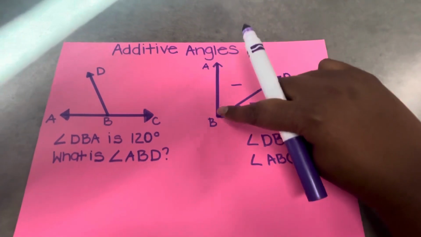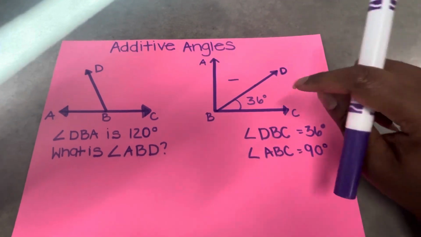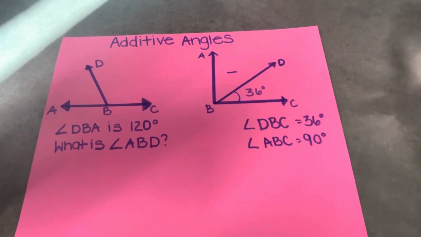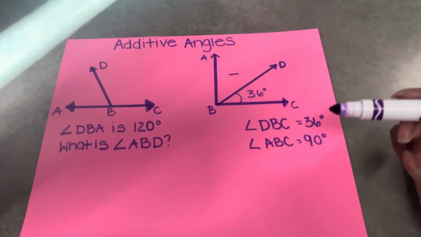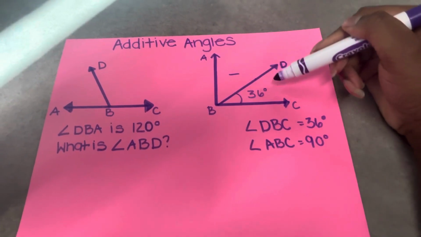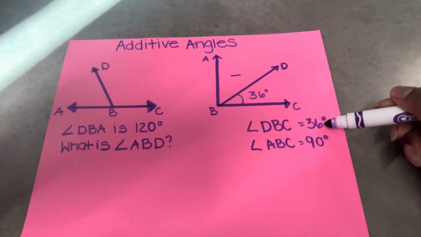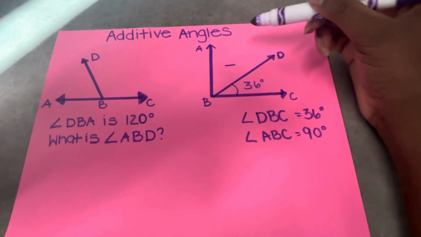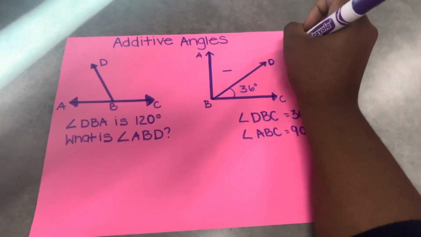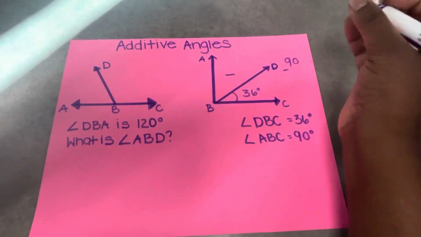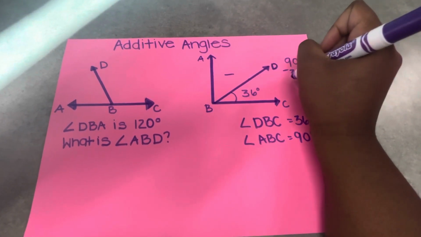So angle ABD is a part of angle ABC. Also a part of ABC is DBC. So I can take this whole amount, these two angles combined, and I could subtract from what I do know in order to figure out what angle ABD is. So I have 90, and I'm going to subtract 36.